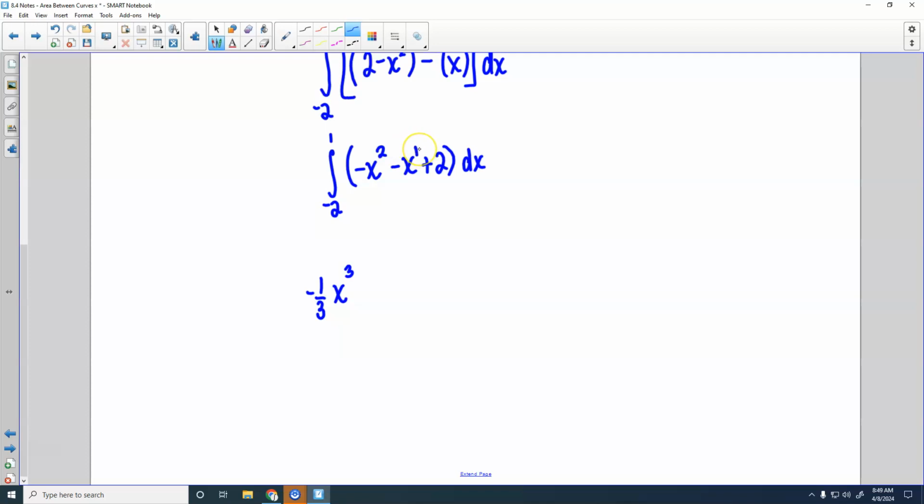There's not 1, so the exponent's 1. What do we got to do with the exponent? Increase it by 1. So you'll have x squared. Then what do you do with that exponent? We're going to divide out front, so we'll have 1/2. And then we'll keep that negative there with it. And then what will you get for the 2, Lucian? 2x, perfect. So we get plus 2x right there. And we are integrating this from -2 to 1.